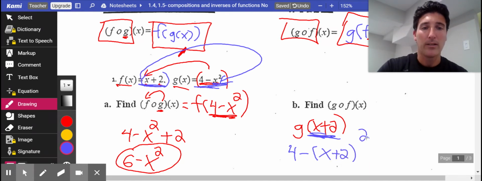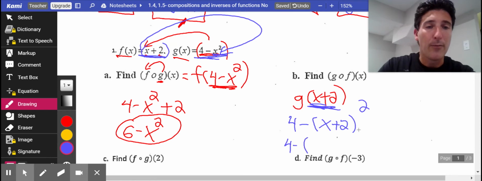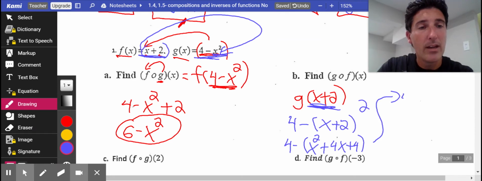And that's squared. Now all we're doing is simplifying. So I can FOIL out that x plus 2 squared. So it's going to be 4 minus, and if I FOIL out the x plus 2 quantity squared, it's x squared plus 4x plus 4. Distribute the negative, and you're going to have 4 minus x squared minus 4x, and then minus 4.